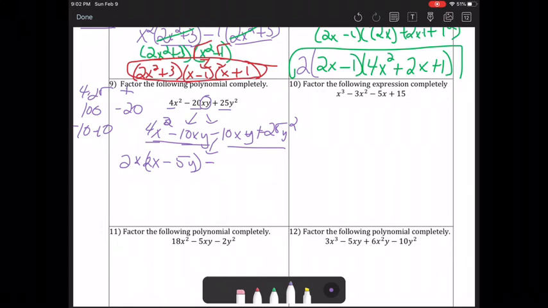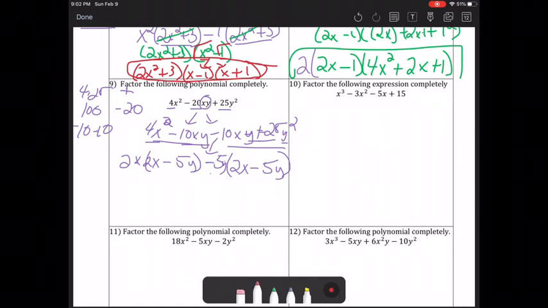Greatest common factor here is negative 5. Negative 5 goes into negative 10 2 times. I also notice they have a y in common, so I need to factor out a y, 5y. So this is going to be 2x plus 5, and one of these y's is taken out, plus 5y. Actually, I did that wrong. It shouldn't be plus, it should be minus 5y, because negative 5y goes into negative 25 negative 5 times, so don't make that mistake.